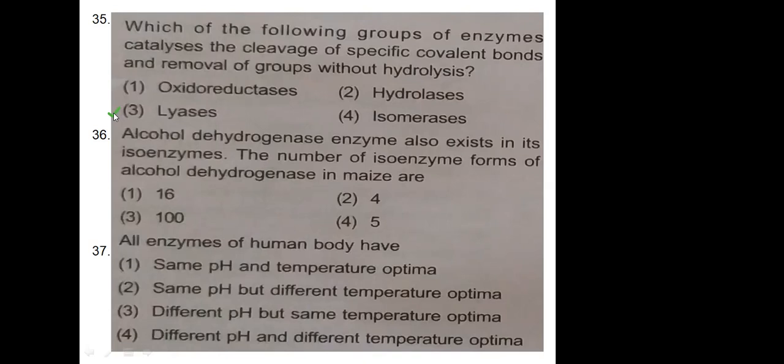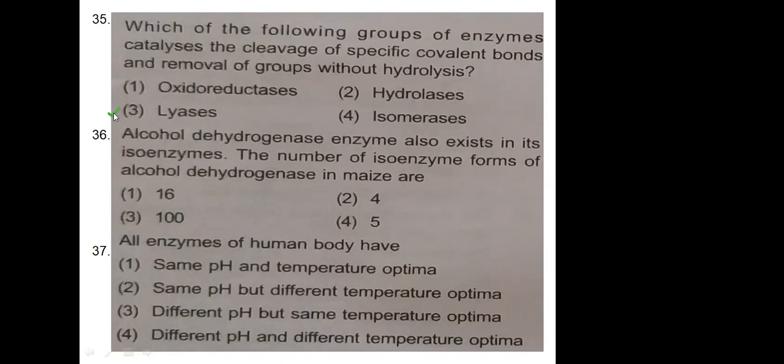So alcohol dehydrogenase is a type of enzyme that appears in different forms. The number of isoenzyme forms of alcohol dehydrogenase in maize is 4.